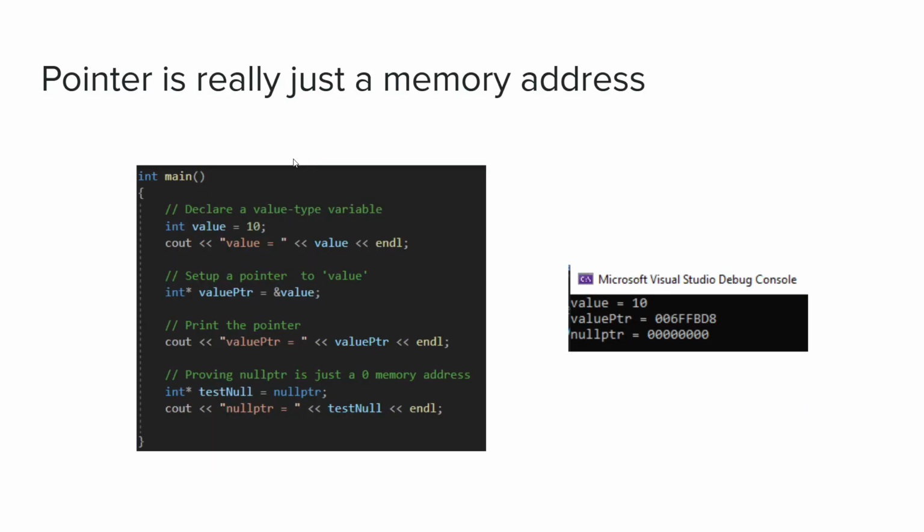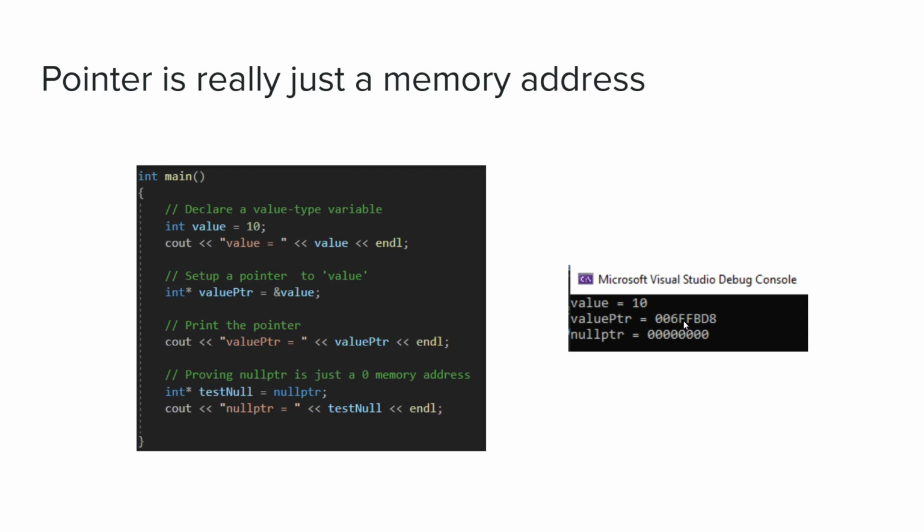Okay. So pointer is really just a memory address. Yes. If you try, so value is equal to 10, if you print it out, value is equal to 10. Then here, we pointed the value pointer to the address of value. If you try to print this, the return of it is literally the address 006FFB.